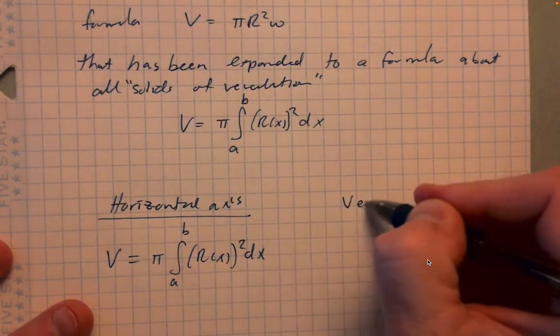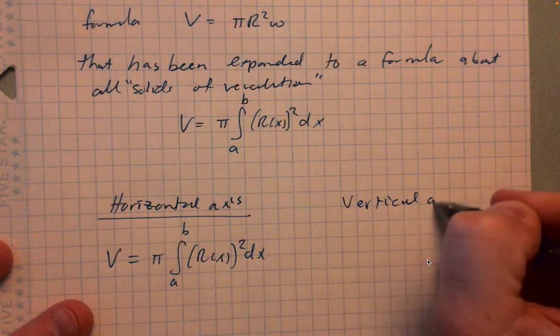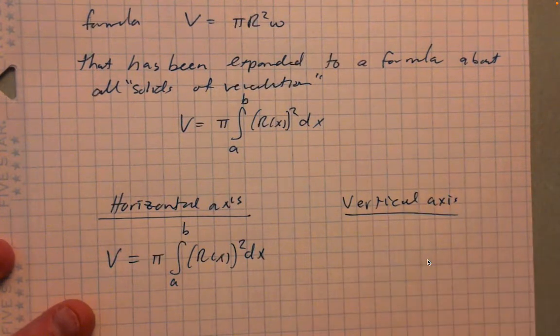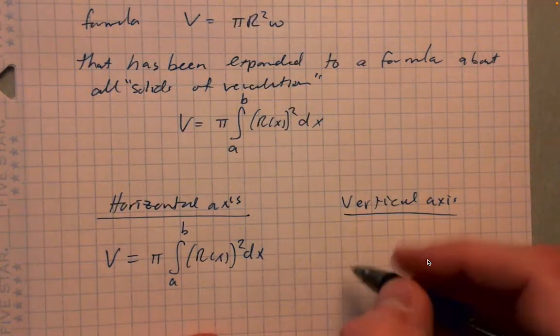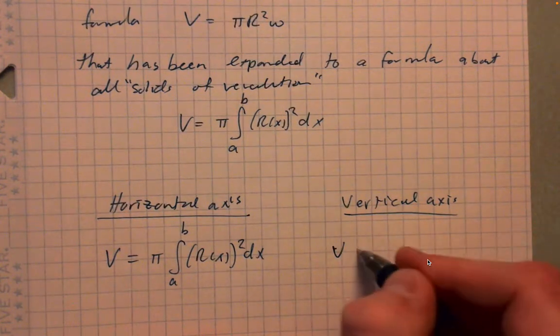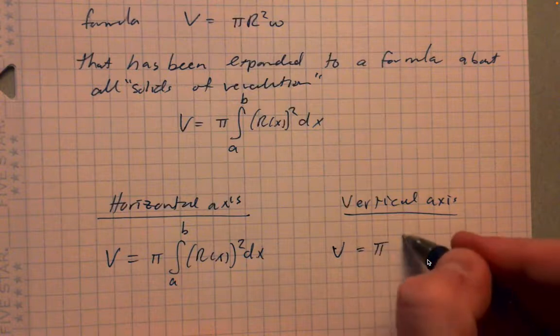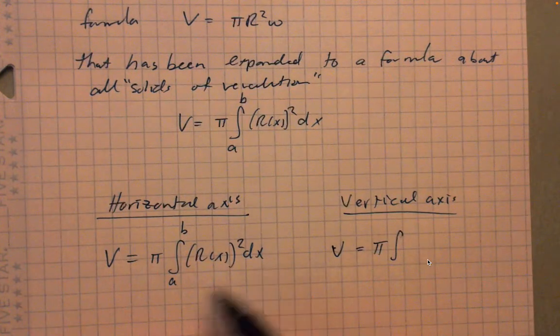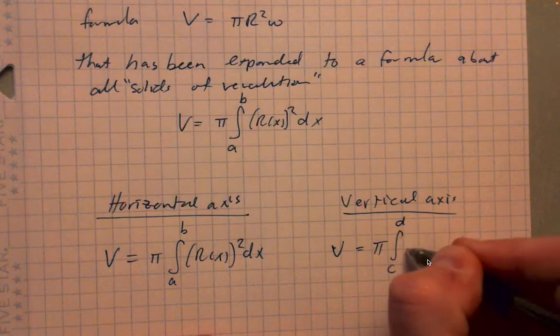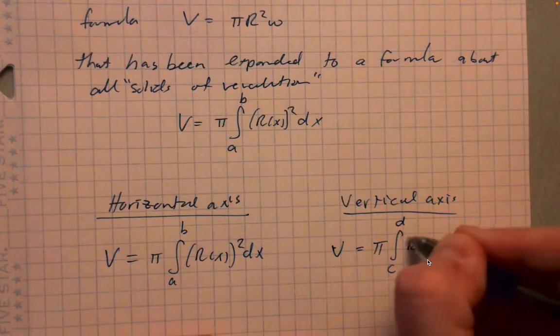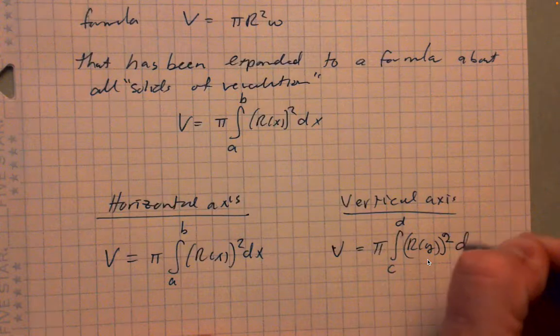If the axis is vertical, then the formula will change, and instead of integrating with respect to x, we'd be integrating across the y-axis. And so we'll write the integral from c to d of r of y squared dy.